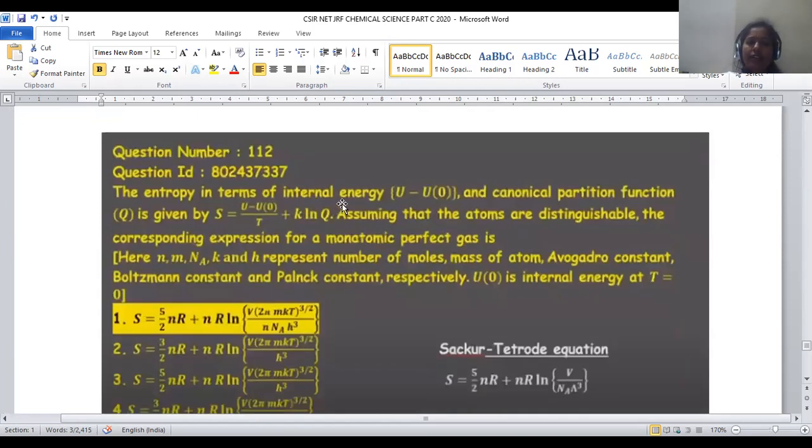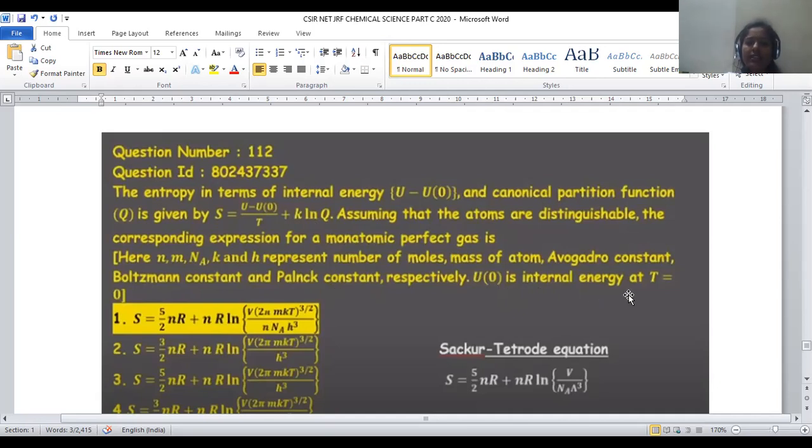The entropy in terms of internal energy U, U0 and canonical partition function Q is given by S is equal to (U minus U naught) by T plus k ln Q. Assuming that atoms are distinguishable, the corresponding expression for monoatomic perfect gas is... n, m, Na, k, h represent number of moles, mass of the atom, Avogadro number, Boltzmann constant, and Planck's constant, respectively.